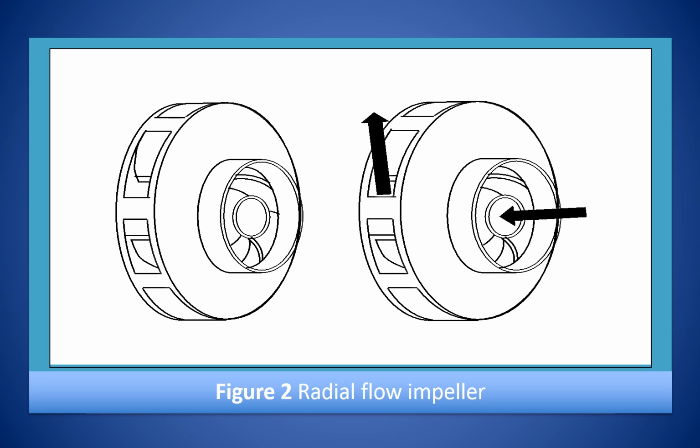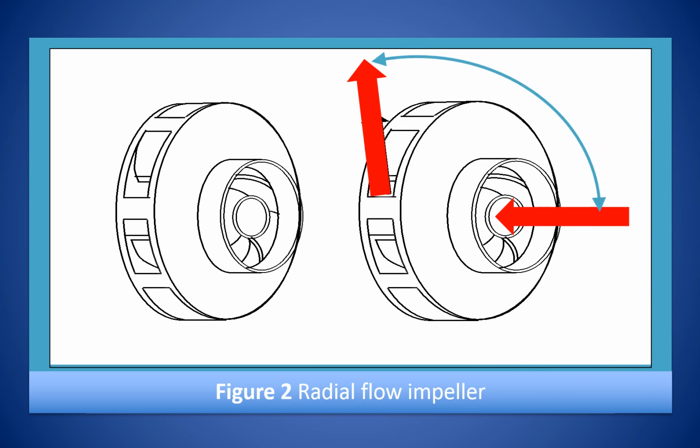As illustrated in this figure, the radial flow pump accelerates liquid through the center of the impeller and out along the impeller blades at right angles, that is radially, to the pump shaft. Pressure is developed wholly by centrifugal force.